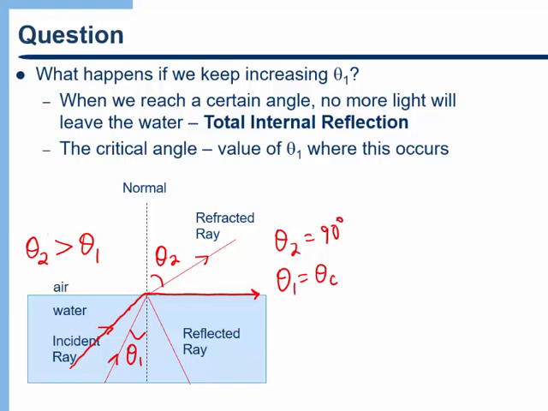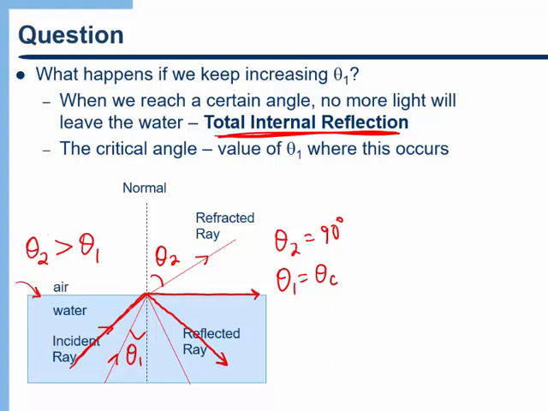And for any value of theta 1 equal to the critical angle or greater, no light comes out of the surface. That's why we call this total internal reflection, because literally all of the light that comes up gets reflected back into the material. This is really kind of a bizarre thing if you think about it, because this interface between air and water is completely transparent.